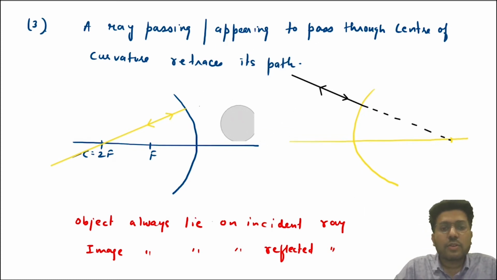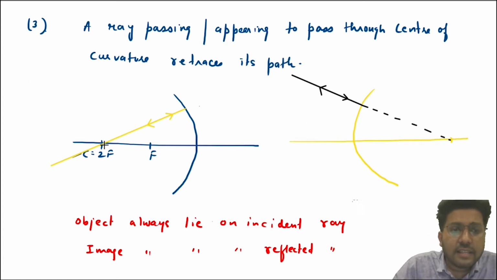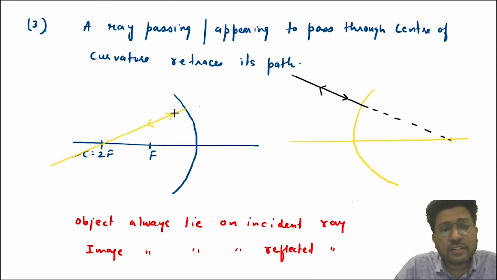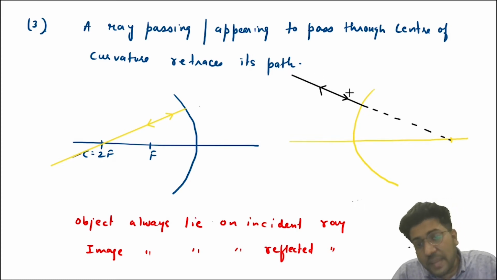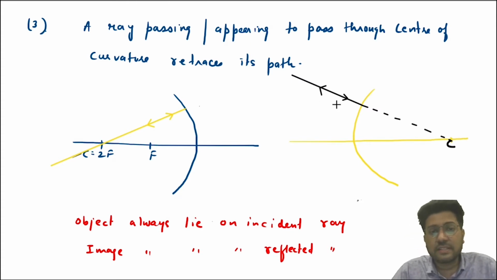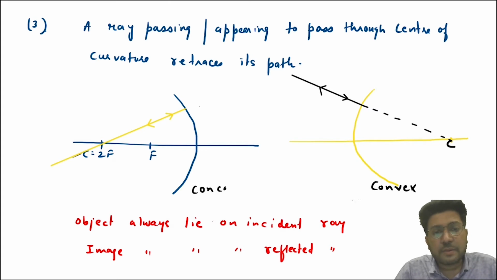So when will it strike perpendicularly? When it passes through the center of curvature. Similarly here also, if light appears to pass through the center of curvature, it will retrace its path. This is the convex mirror and this is a concave mirror.